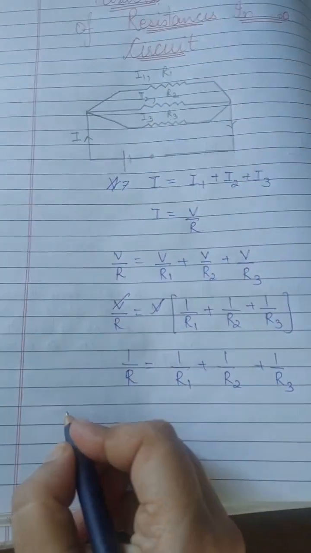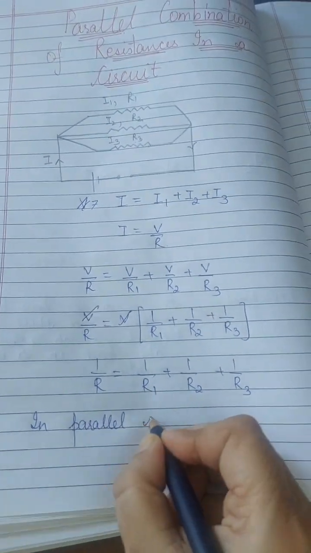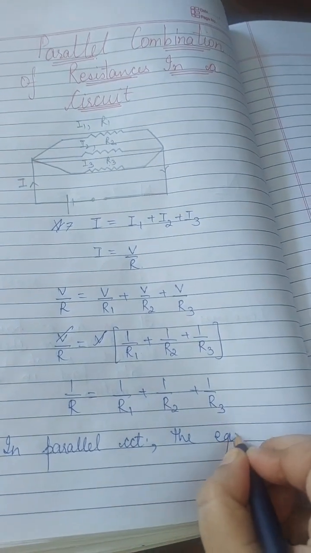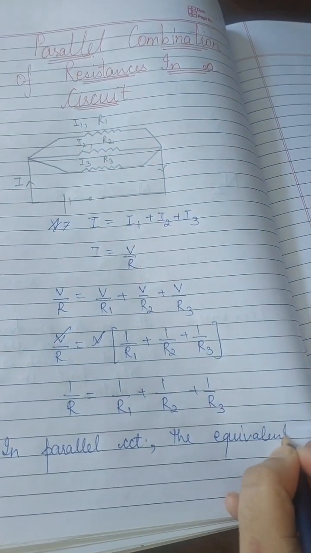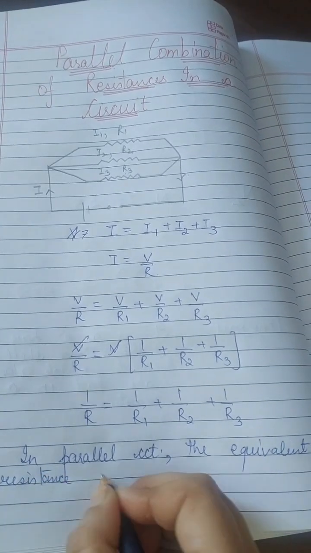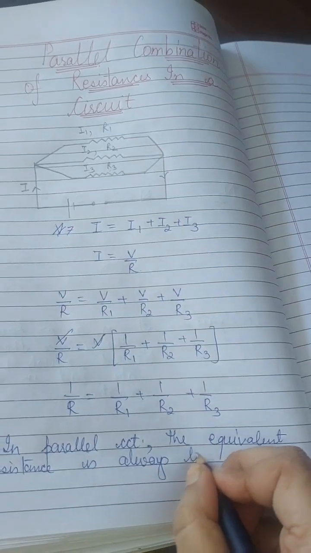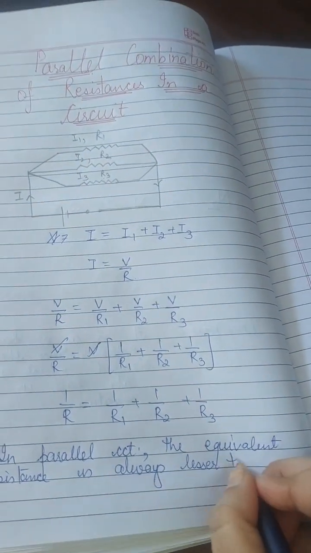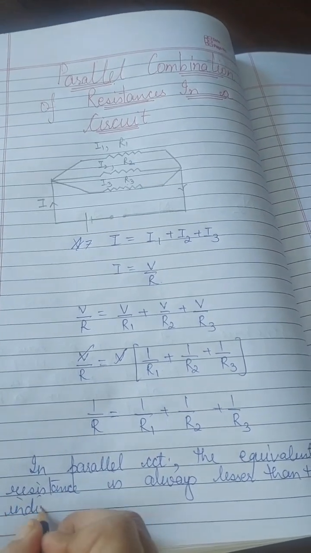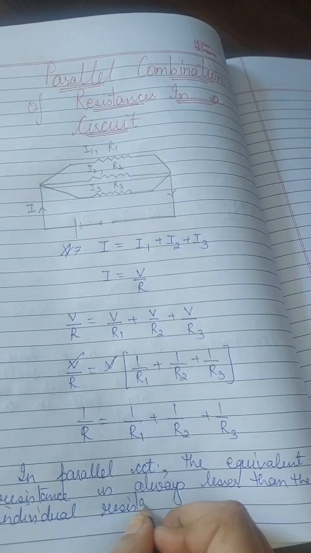That means in a parallel circuit, the equivalent resistance is always lesser than the individual resistances.